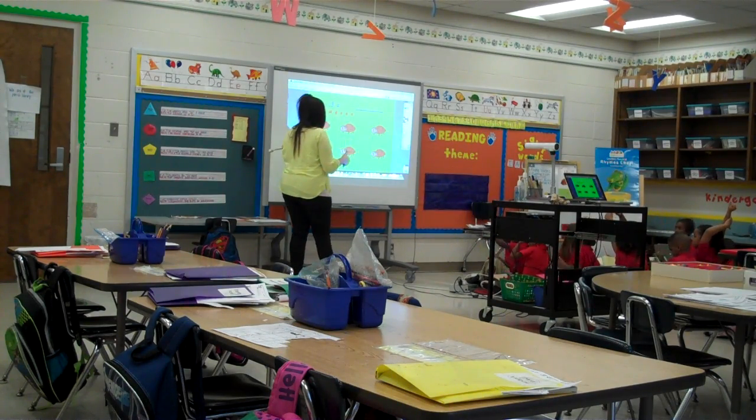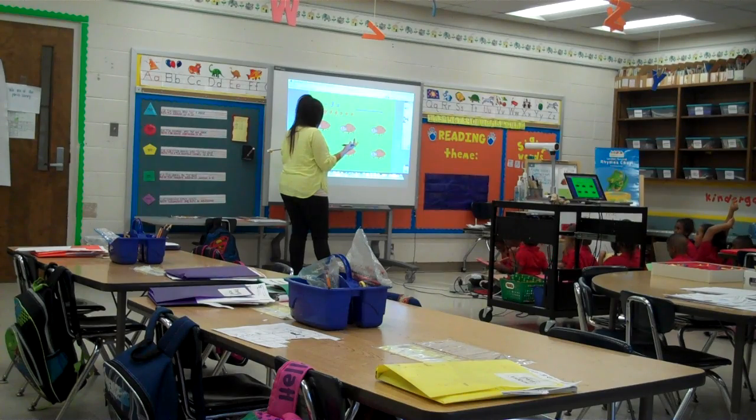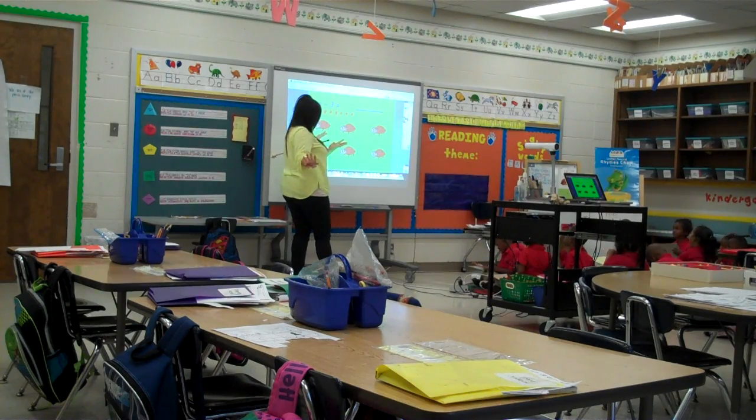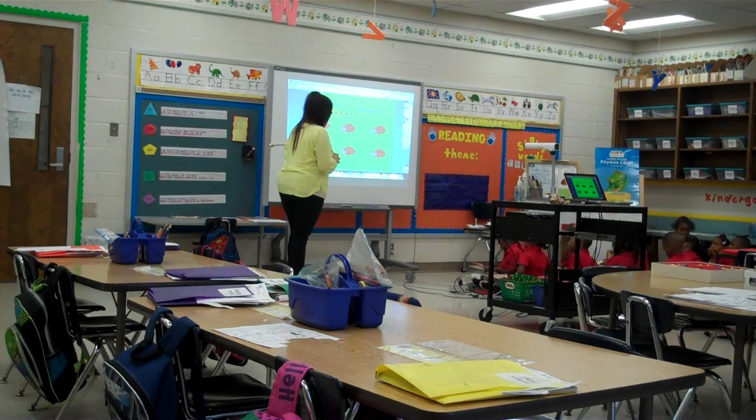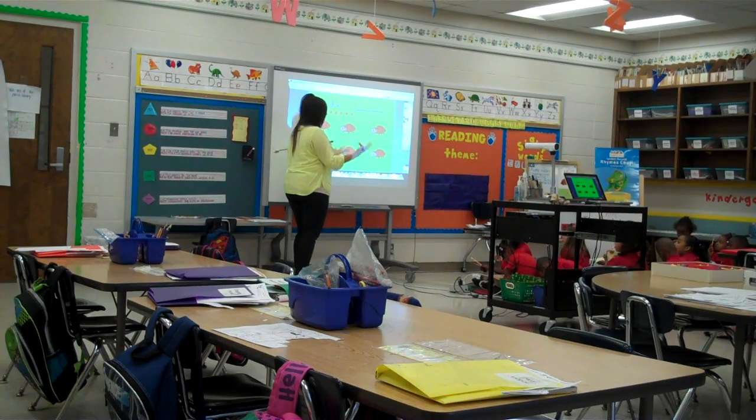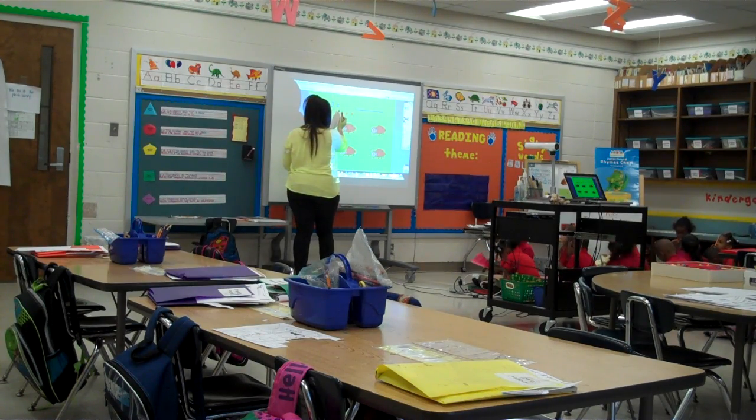Now, Braylon, can you tell us after we cross off our 3 dots, the 3 that went away, what we should do now? Count the dots that are left. Count the dots that we have left. Let's go ahead and count them. 1, 2, 3.